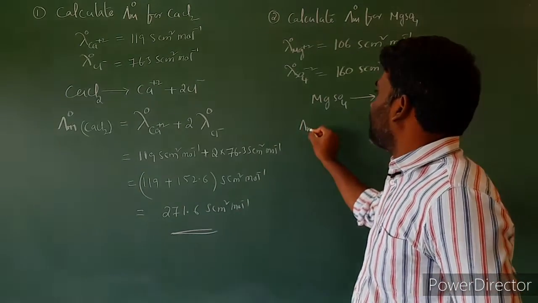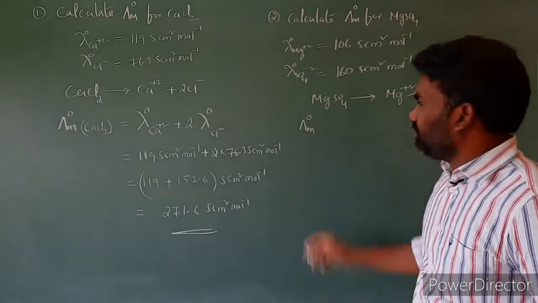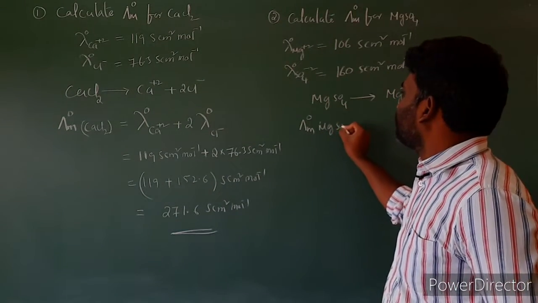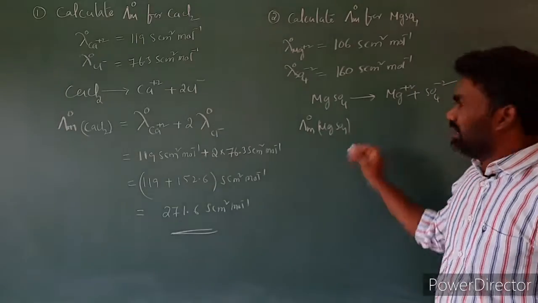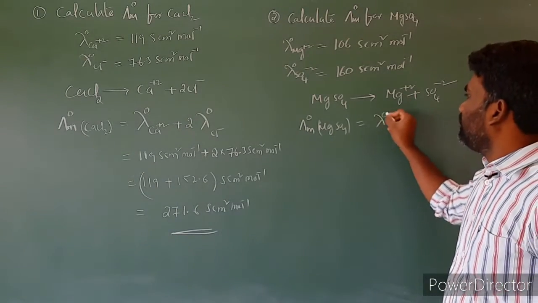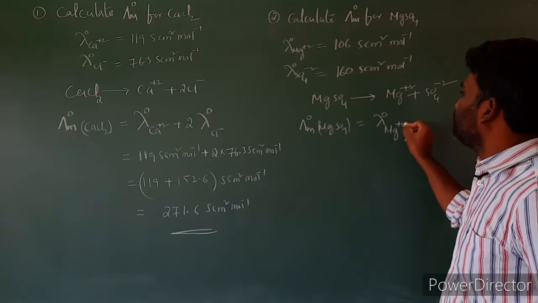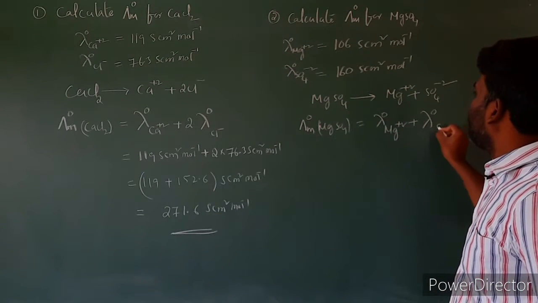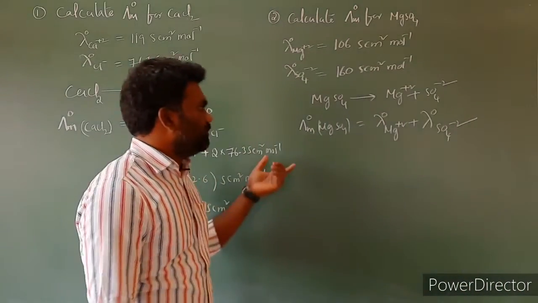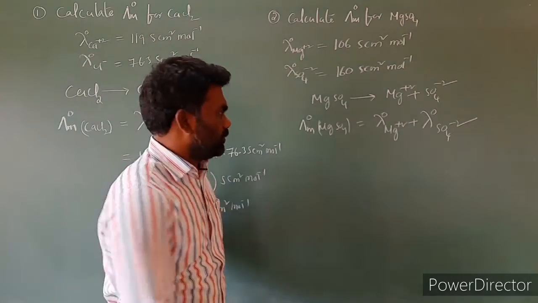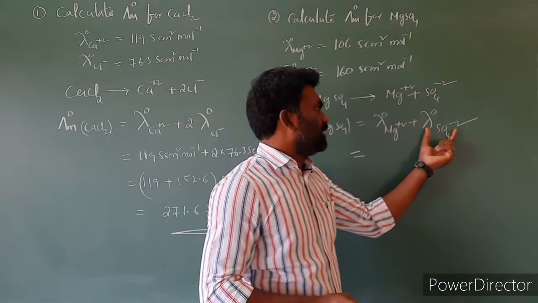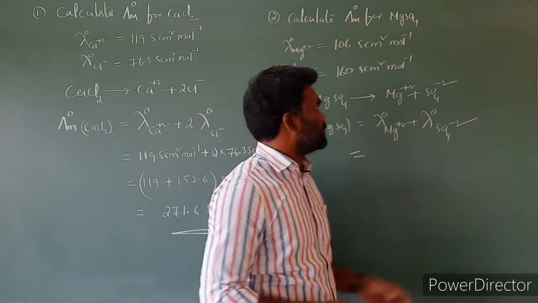Then for this case we have to represent lambda m naught MgSO4. Lambda m naught MgSO4 is equal to lambda naught Mg plus 2 plus lambda naught SO4 minus 2. So this is the representation of limiting molar conductivity of MgSO4. Now the limiting molar conductivity of cation and of anion are given, substitute them.